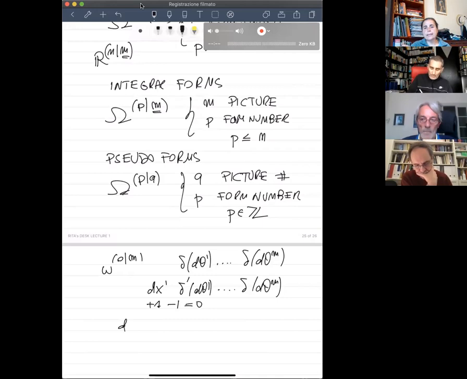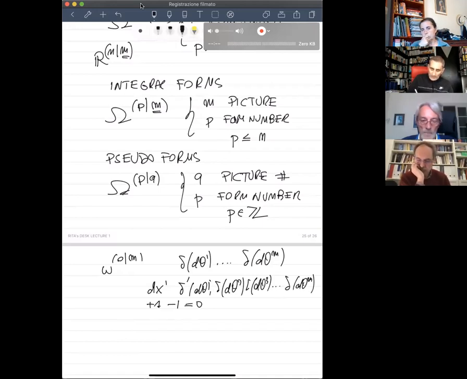Another one, we have delta of dθ2. If I write down the next factor, it will be something like delta of dθ2, delta of dθ3, and so on up to delta of dθn.